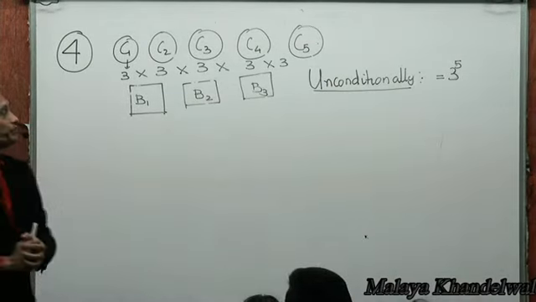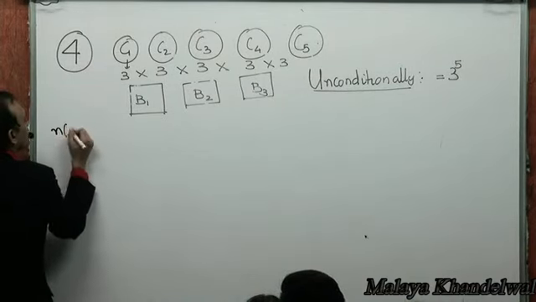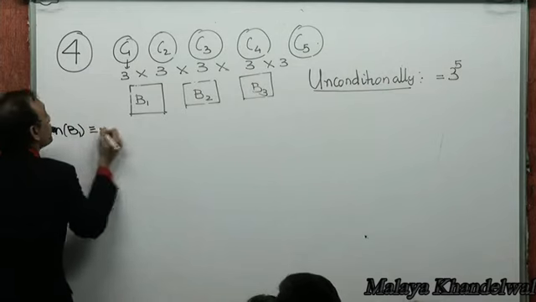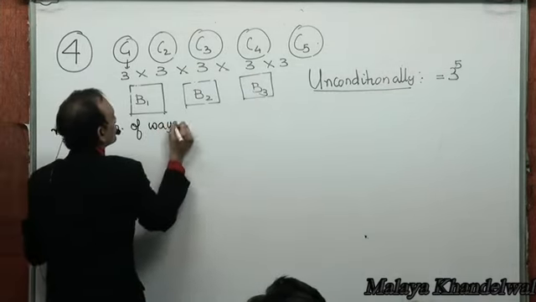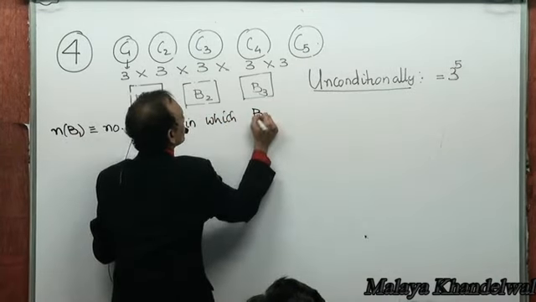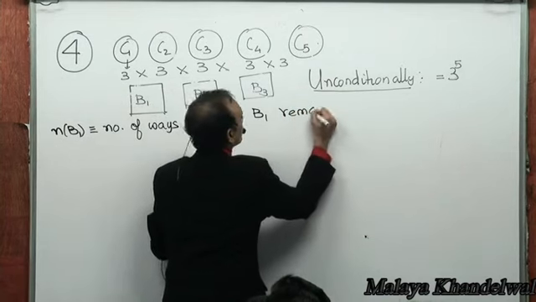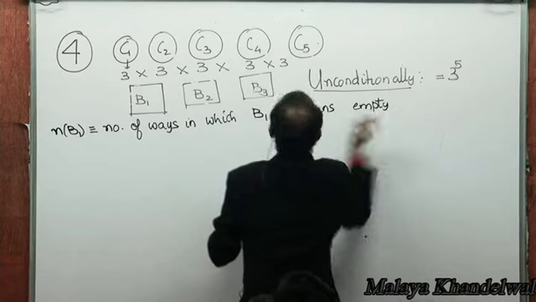Now, NB1 say is the number of ways in which box B1 remains empty.